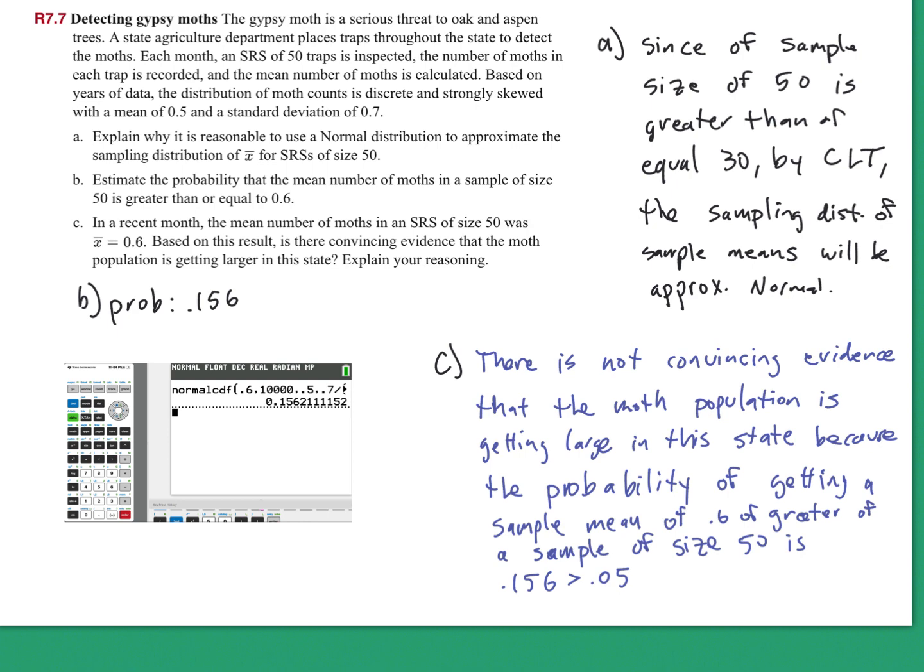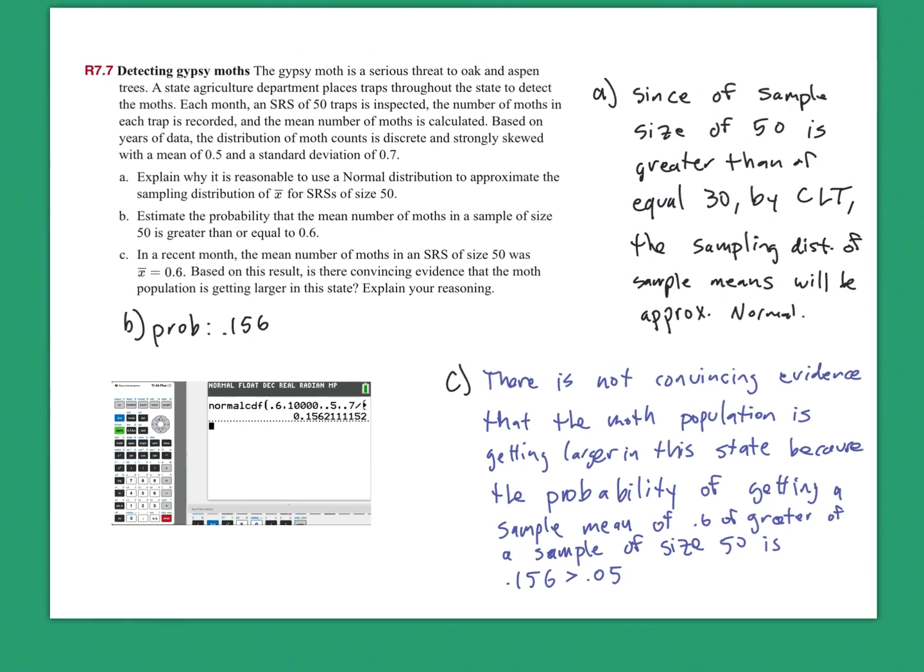So there's not convincing evidence that the moth population is getting larger in this state because the probability of getting a sample mean of 0.6 or greater from a sample size of 50 is 0.156, greater than 0.05. Okay, and that's perfect.